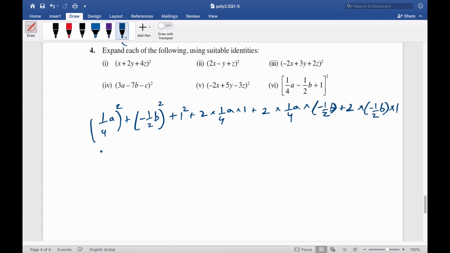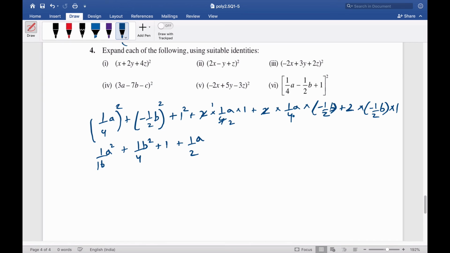So this gives me 1 upon 16a². This will become positive also, so I will get 1 upon 4b² + 1. This and this will get reduced, so I will get 1 by 2a.